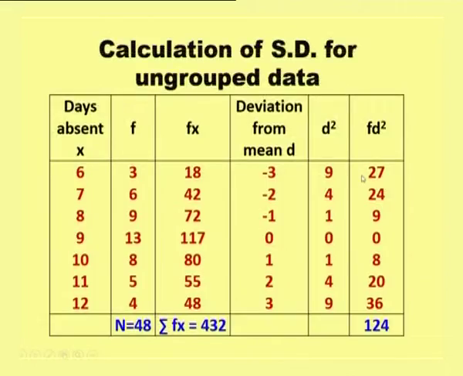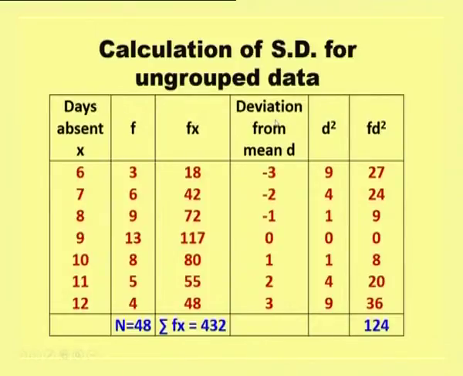Now, how to calculate the standard deviation? Here we are tabulating it. The days absent we take as x, with their corresponding frequency f, and here the product of f into x, that means 3 into 6 is 18, something like that.